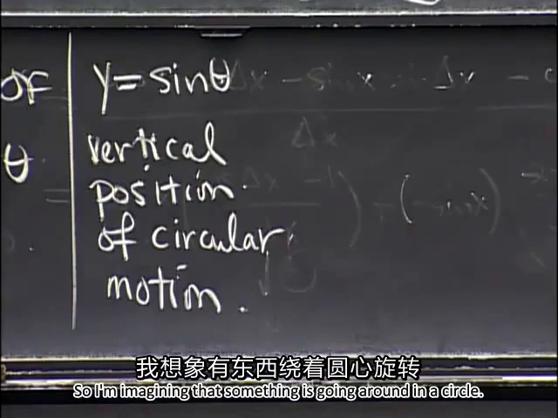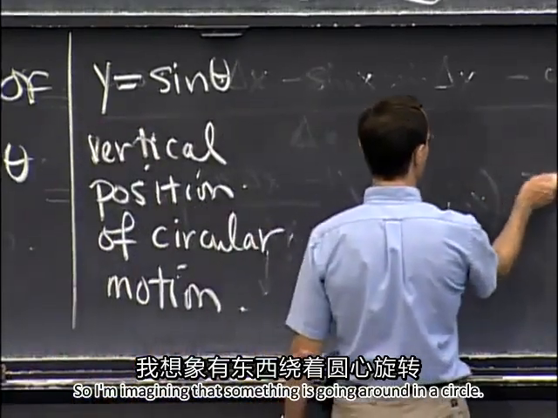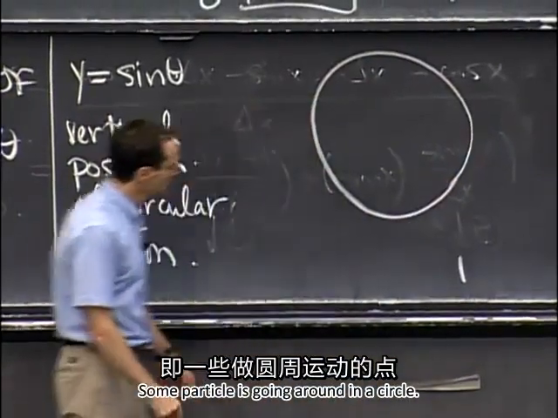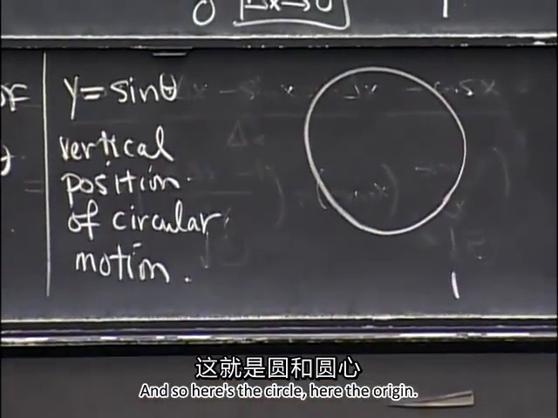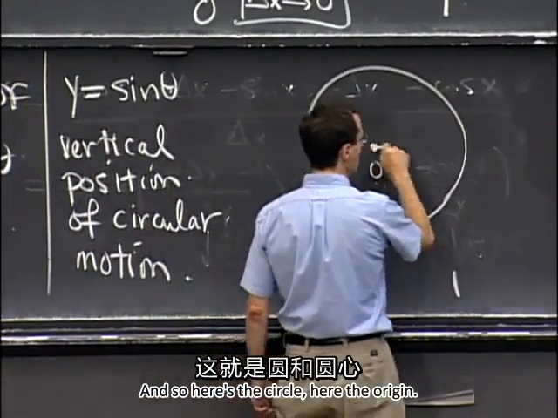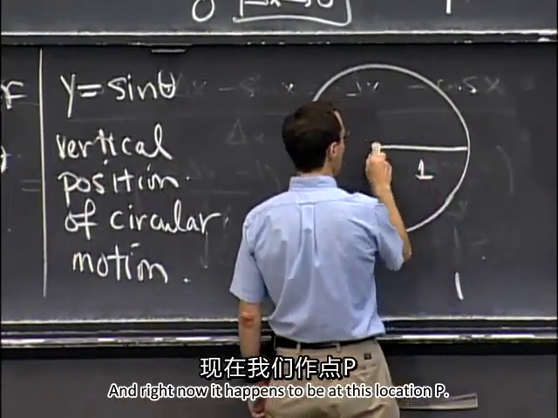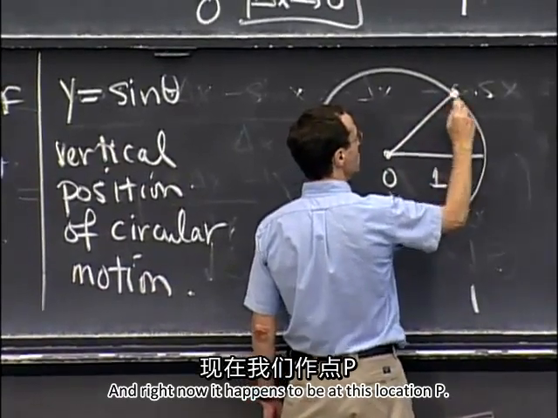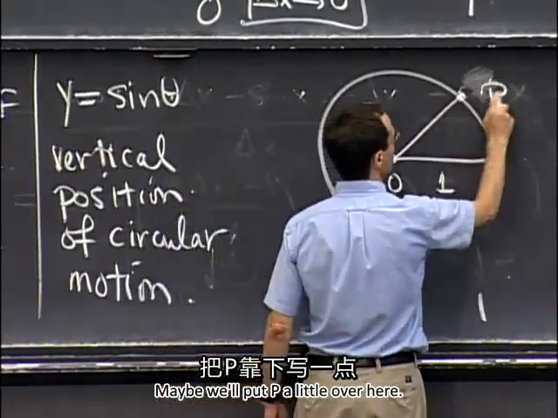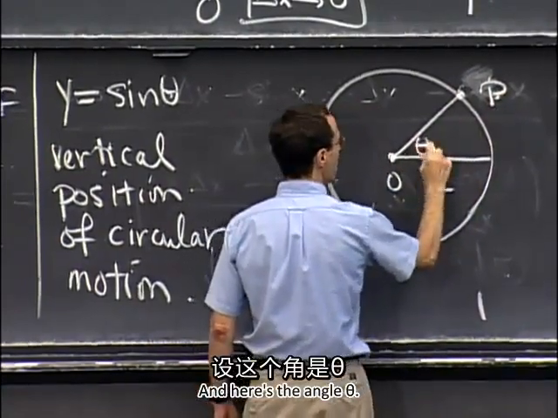I'm imagining that some particle is going around in a circle. So here's the circle, here's the origin, this is the unit distance, and right now it happens to be at this location P. Maybe we'll put P a little over here. And here's the angle theta.